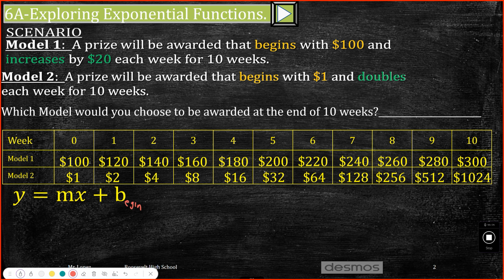So this m is the slope, 20 per week, a constant amount.